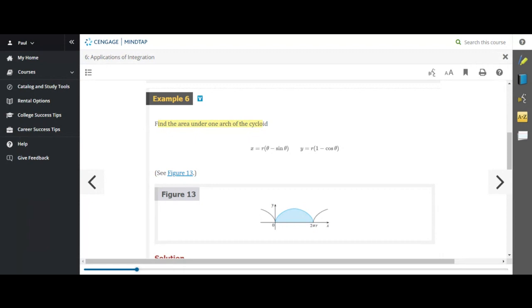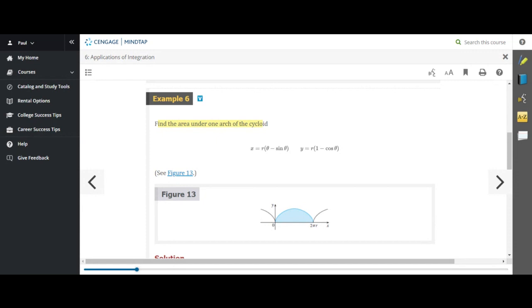In this case, they're letting r be some radius, so they're being kind of general about it, but let r be a constant. And they're letting theta go from 0 to 2 pi.